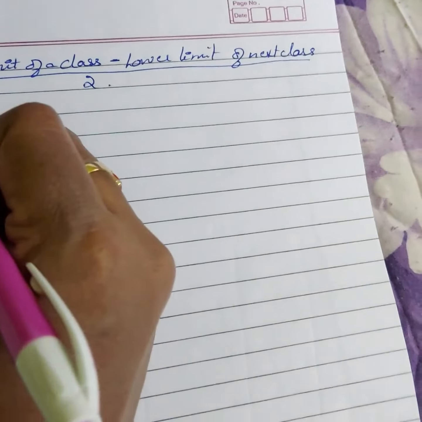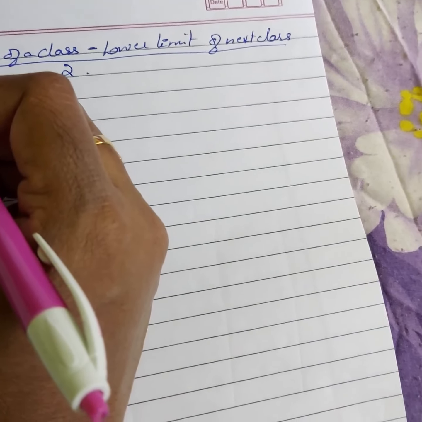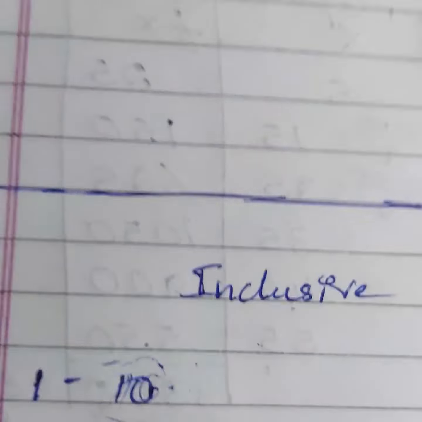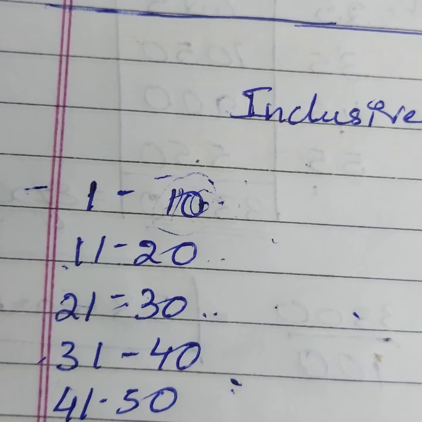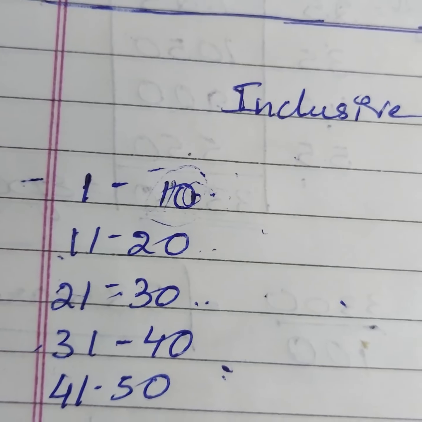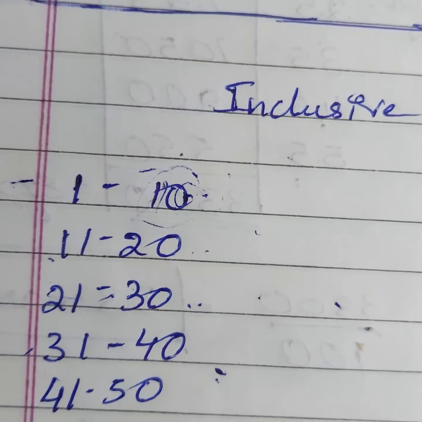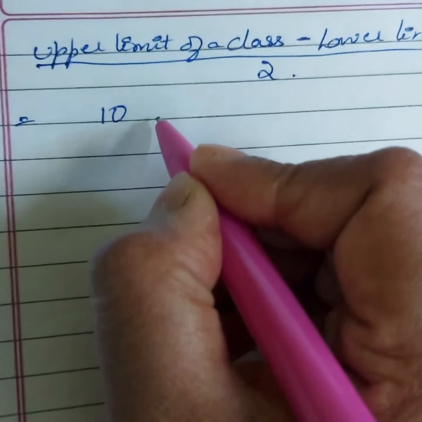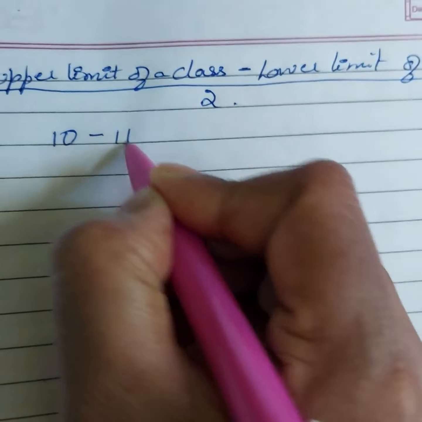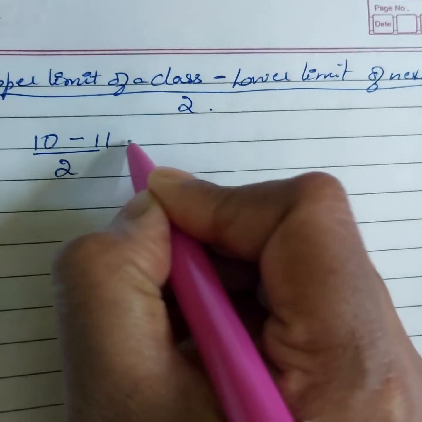For example, the upper limit of the first class is 10. What is the lower limit of the next class? 11. So 10 minus 11 divided by 2.